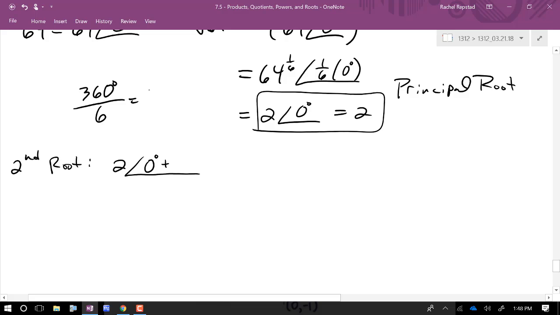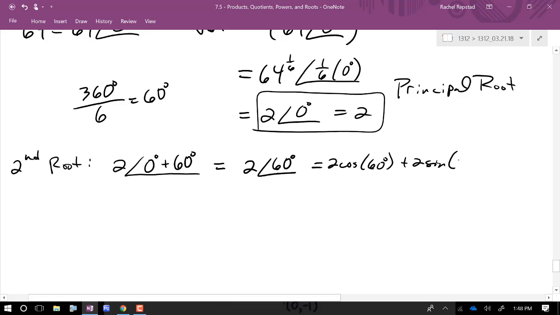So that's 60 degrees. That 60 degrees is what we're going to add each time we want to get a new root. So we get 2 at an angle of 60 degrees. Why don't we go ahead and find the rectangular form. So we have 2 cosine 60 plus 2 sine 60 degrees times j. 60 is one of those convenient values.